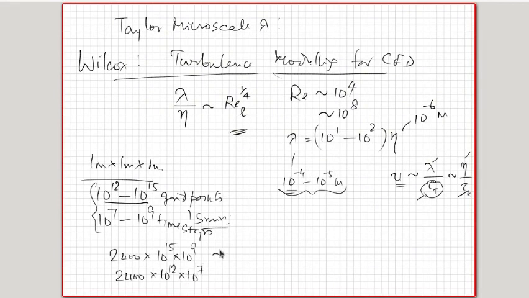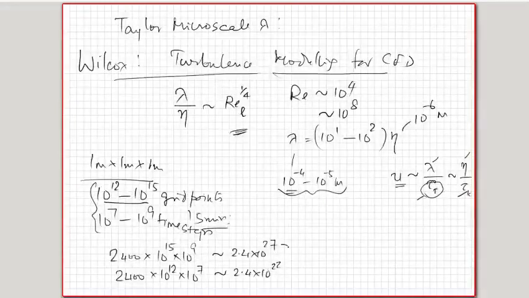So this is again 3 plus 15, 18 plus 9, 27. So this is 2.4 into 10 to the power of 27. And this is 3 plus 12, 15 plus 7, 22. This is 2.4 into 10 to the power of 22. So from 10 to the power of 34, we have come between 22 to 27. So we have come down by 10 to the power of 15 orders.